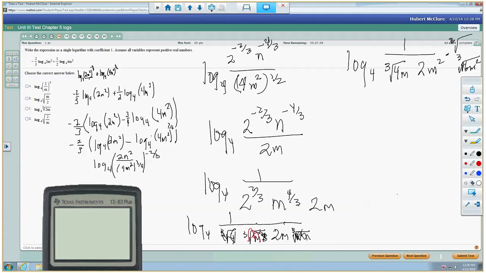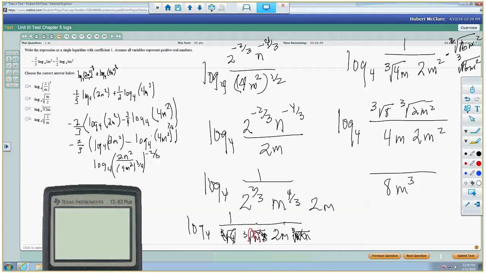Cube root of 16m squared, log base 4, and that's the cube root of 8, cube root of 2m squared over, and then this, the cube root of 64m cubed is 4m times 2m squared. 4m times 2m squared is 8m cubed. So that'd be 8m cubed.